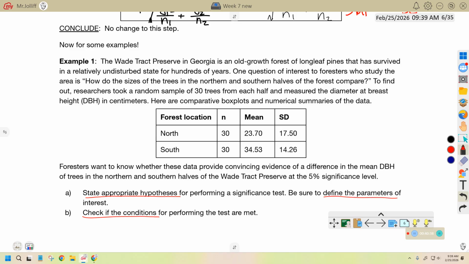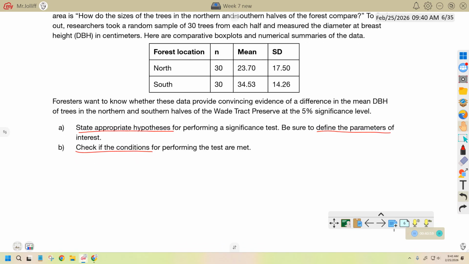Perfect. About half the questions in your homework are only going to ask you to do those things. Most of the questions on your homework are not full problems. Please read the directions and answer the question that is being asked. Otherwise, you're going to do 10 times more work than you need to. All right, so we're going to go ahead and do that for this problem.